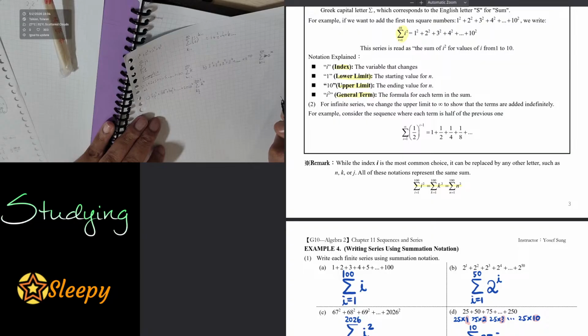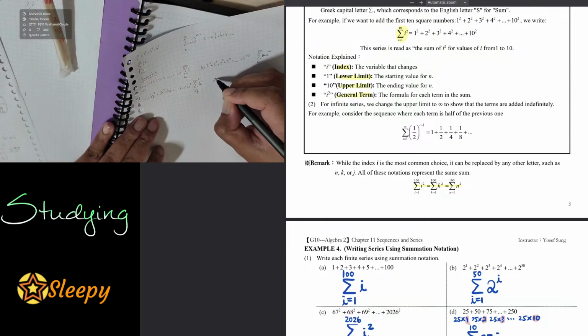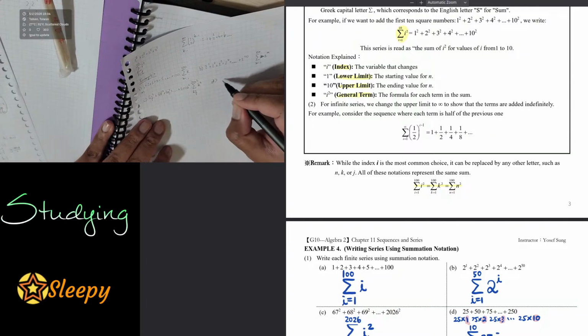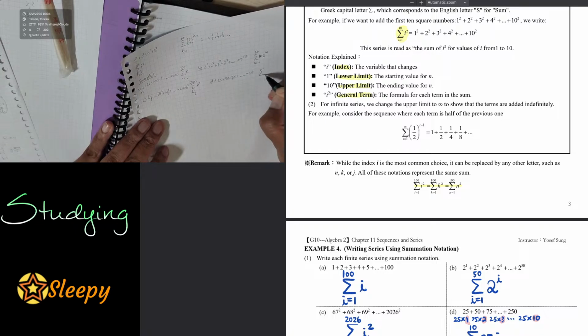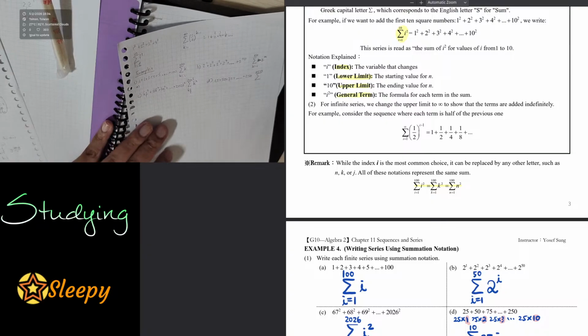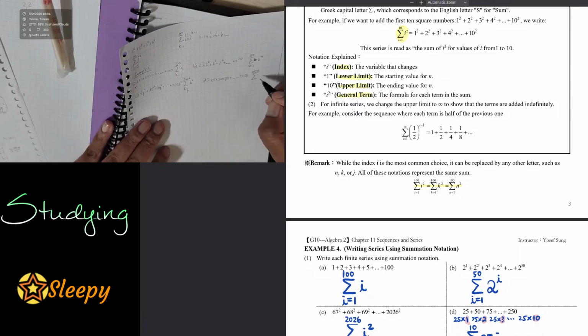So d is 25. This one is a bit weird. Plus 50 plus 75 plus up to 250. So we write down a big sigma. And then 250. So this surely is 2k or 25.